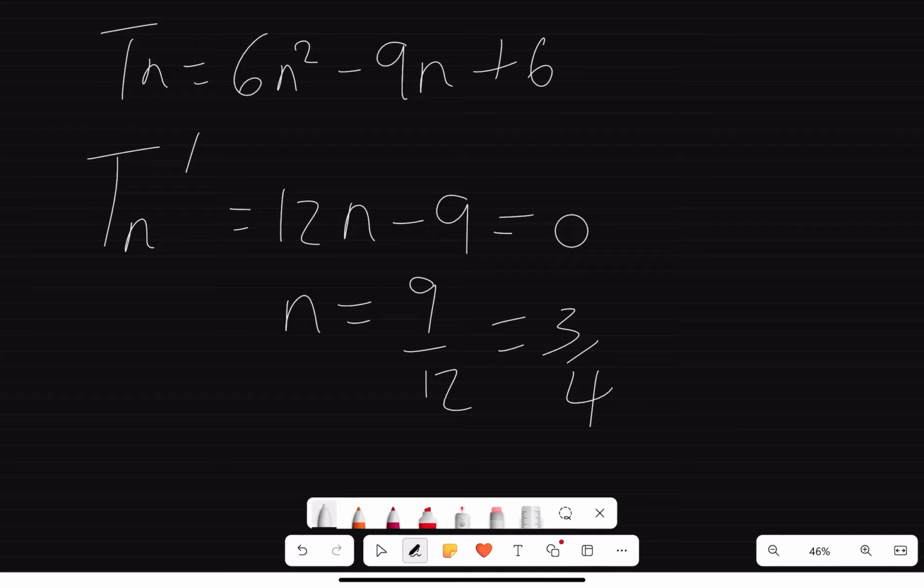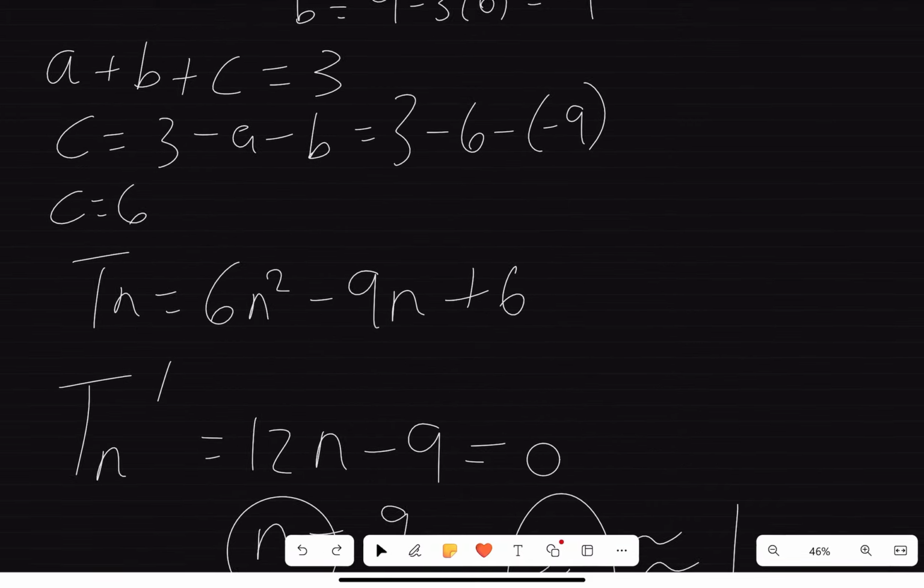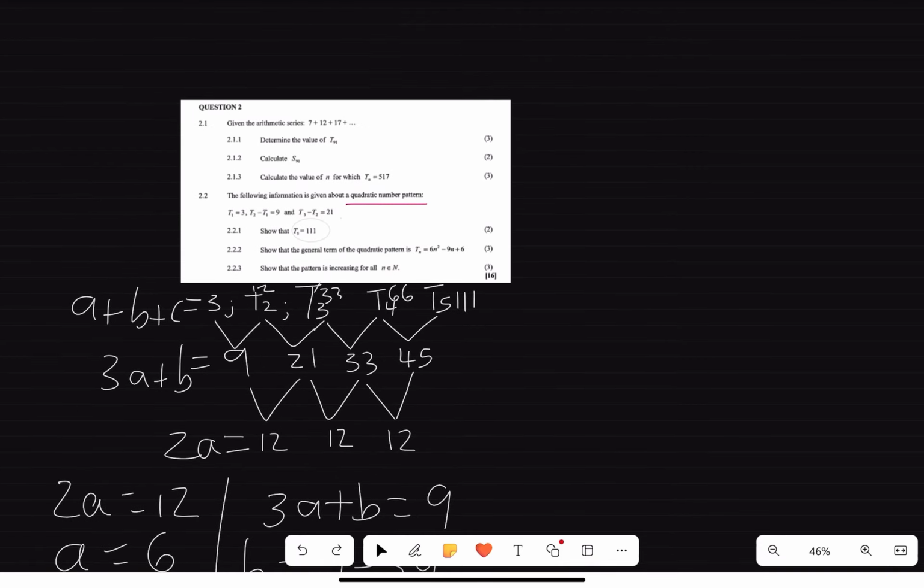Which means the smallest possible value that n can be is approximately 1, because 3 over 4 is 0.75, which is going to round off to 1. So if the smallest position is 1, it means the smallest value will be on position 1, which is 3.